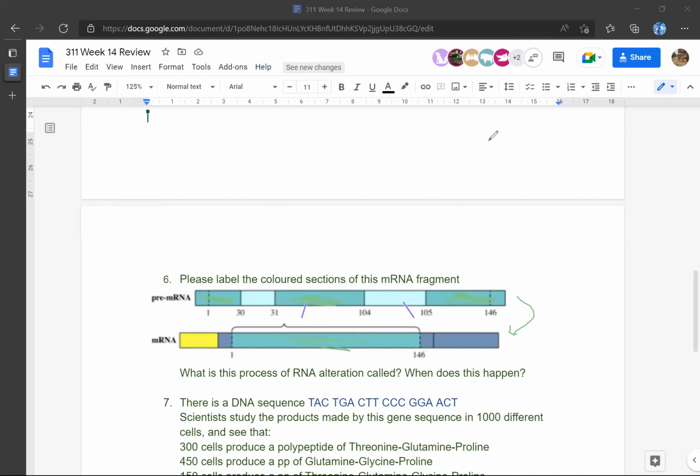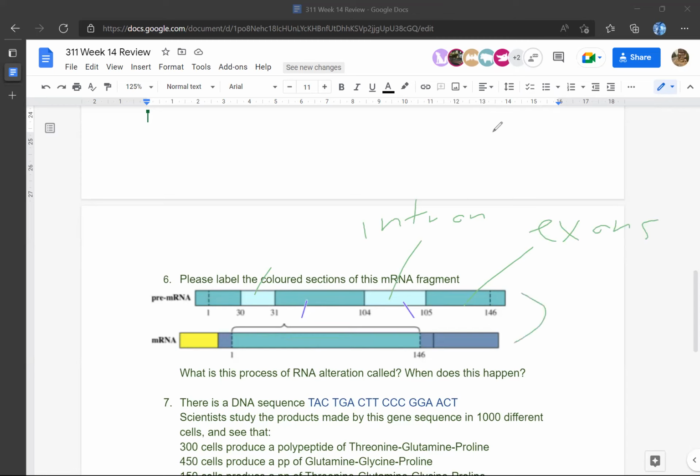These are exon or coding fragments. What about this and this? They're called intron sequences. These dark ones are our exons, and the light ones are introns.